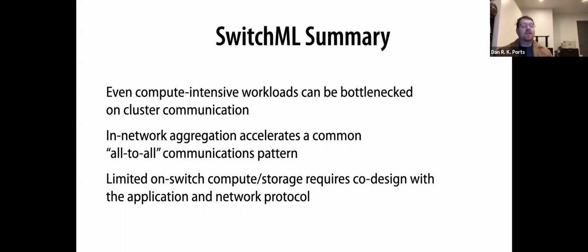In practice, the question is, how much switch memory do you need? The answer, as it often is in network systems, is proportional to the bandwidth delay product, which is, you need to be able to keep that much computation in flight at any point in order to keep the system running at full throughput.